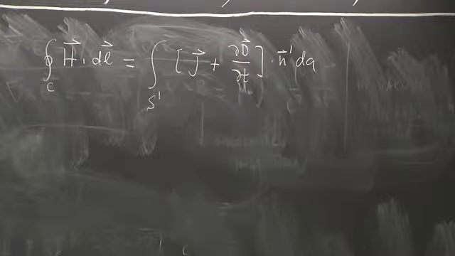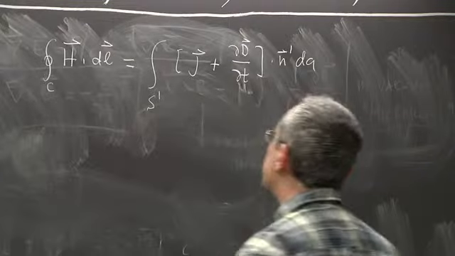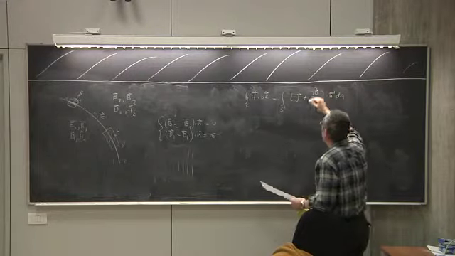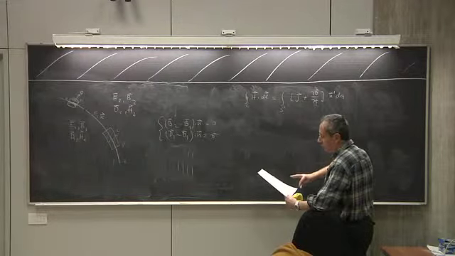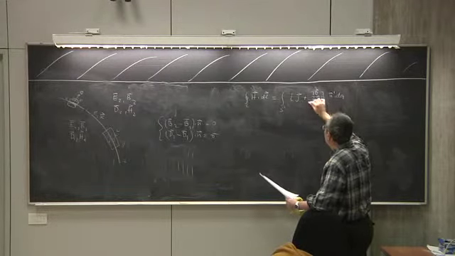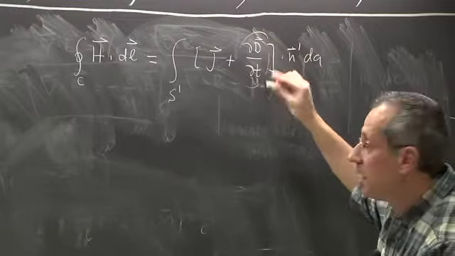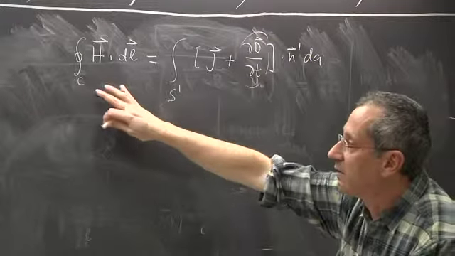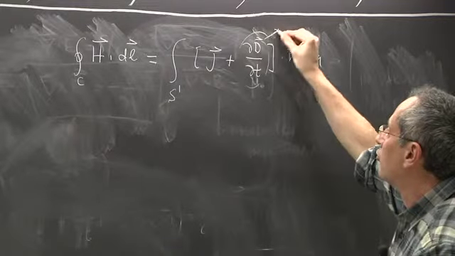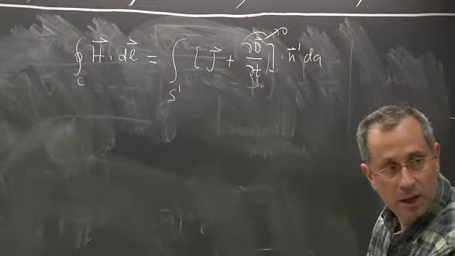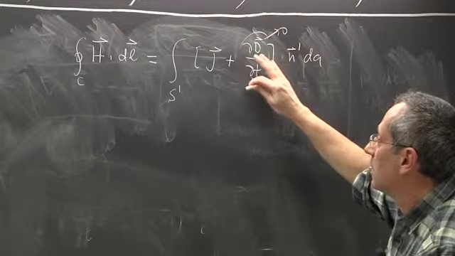Now, how about the flux? Here I have a flux, but I make this smaller, smaller, smaller, okay? If I assume that this is a finite quantity, by shrinking this circuit, so by shrinking the surface, this goes to 0, because this is a finite quantity.